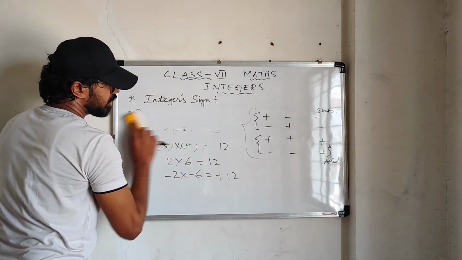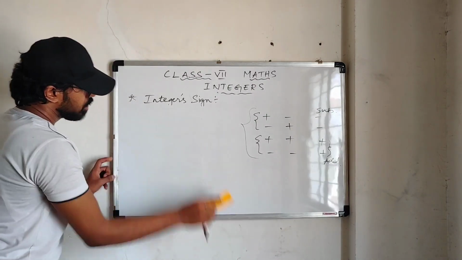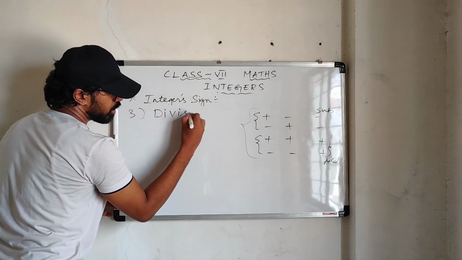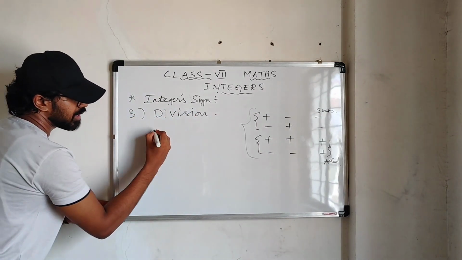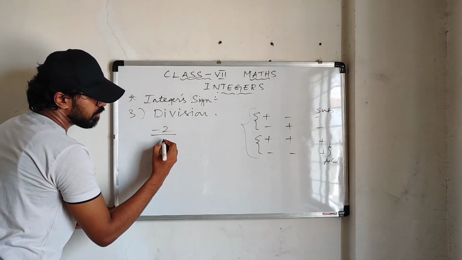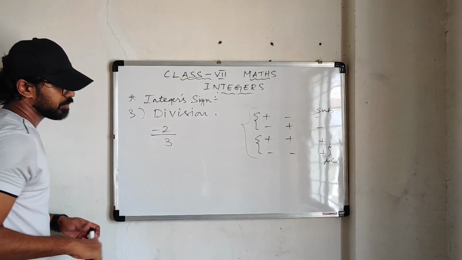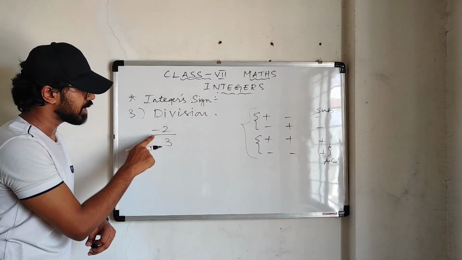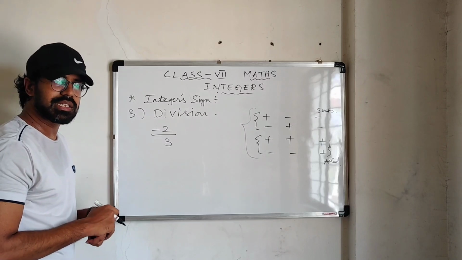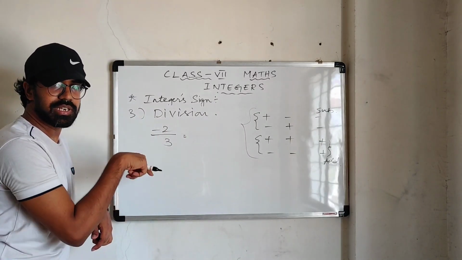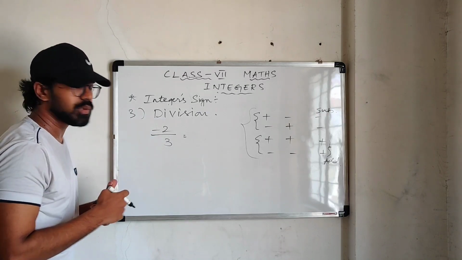So what happens in division? In division also we are going to follow the same thing. If I take any two numbers, say for example minus 2, and the other number, let's say I want to divide it by 3. So minus 2 and 3. This one is minus and this one is plus. What answer will I be getting? I will be getting the different sign, right? So what is the sign we will be giving?